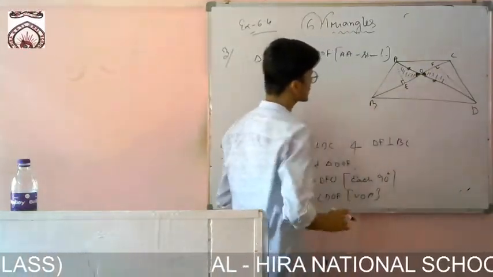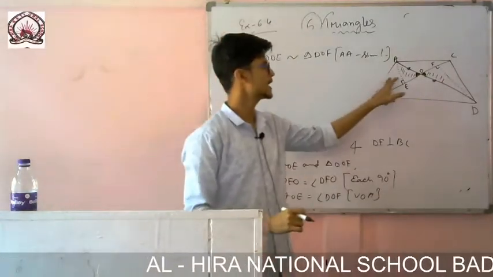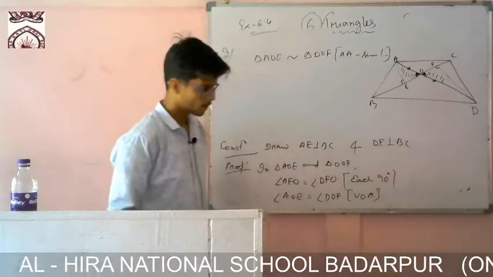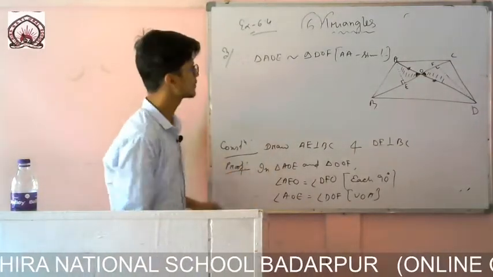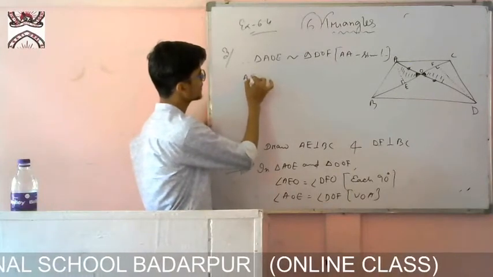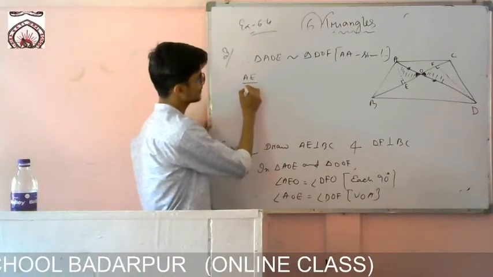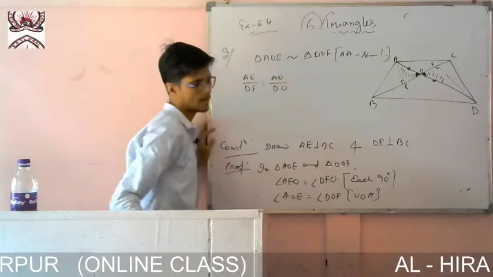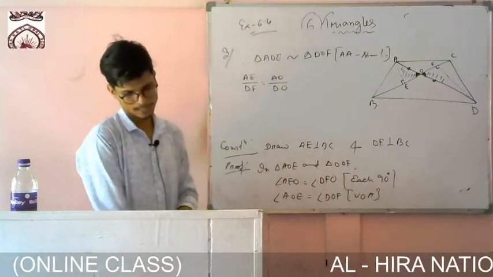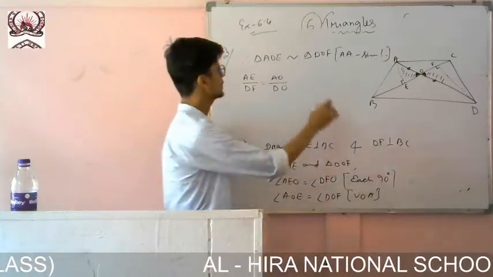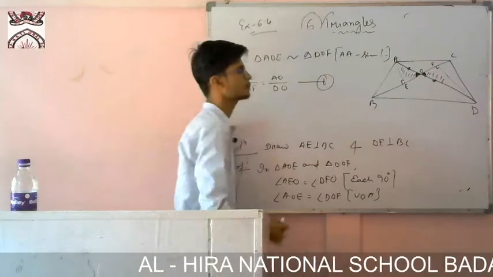Since these two triangles are similar, I can write AE by DF equals AO by OD, that is AO by DO. I need AO by DO, for that purpose I have brought it. AE by DF equals AO by DO. You give it as equation number 1. If you see the proof, I need this one.